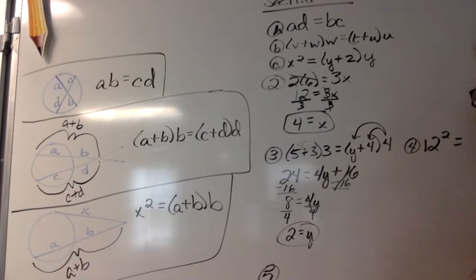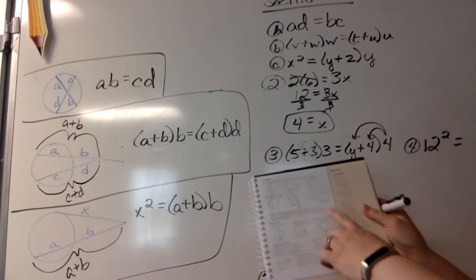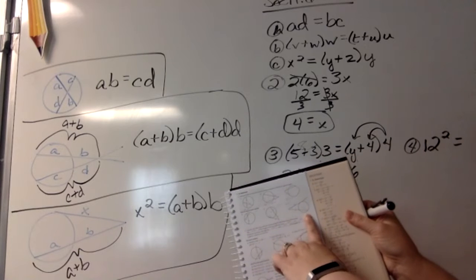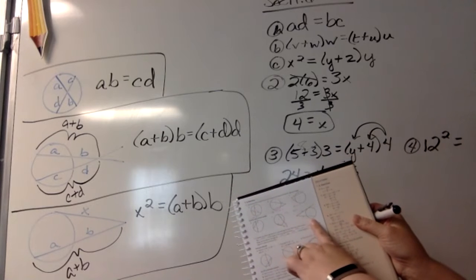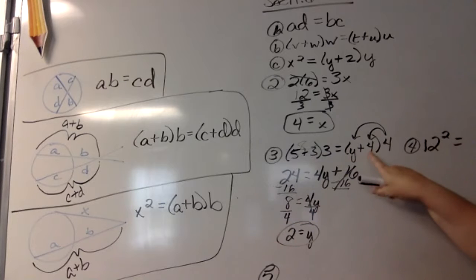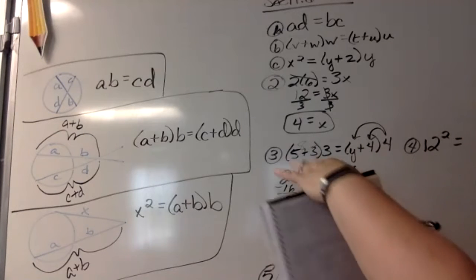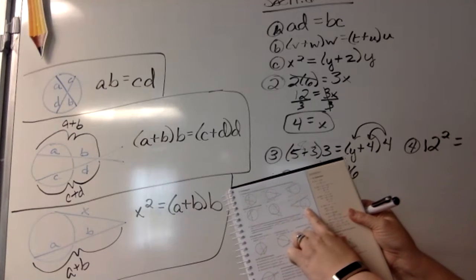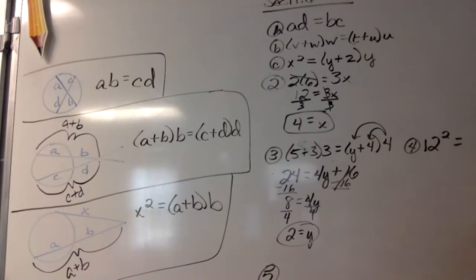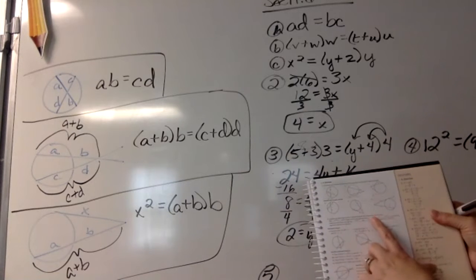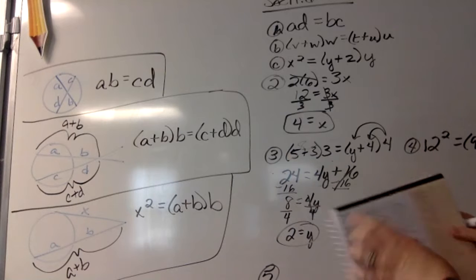I'll skip the camera over in a minute so you can see the equation. And then on the bottom, I do the secant part. Now the secant part for this is similar to what we just did on number 3. You have the 2 pieces added together, so 9 plus z, times the piece that was outside of the circle, which was the 9.